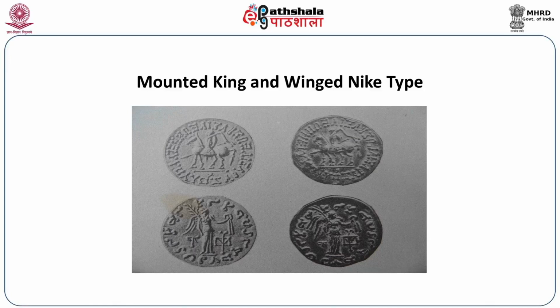Here in the mounted king device, we find that Agis is represented as sitting on a horse with a spear, and on the reverse we have winged Nike holding a wreath as if she is ready to crown somebody.